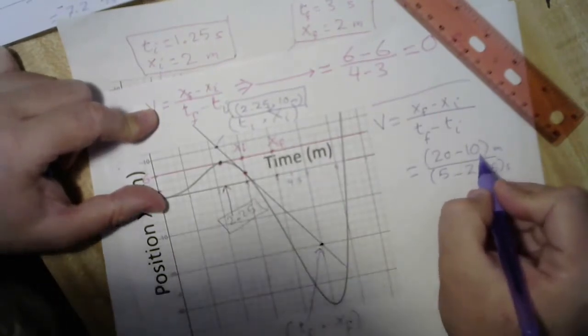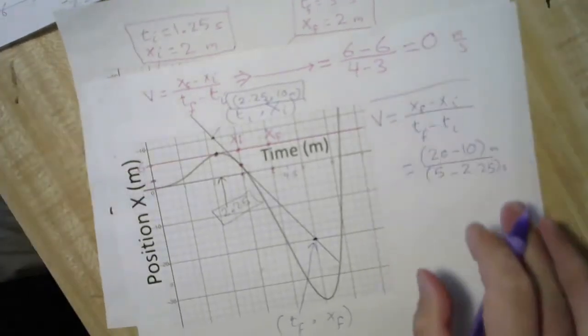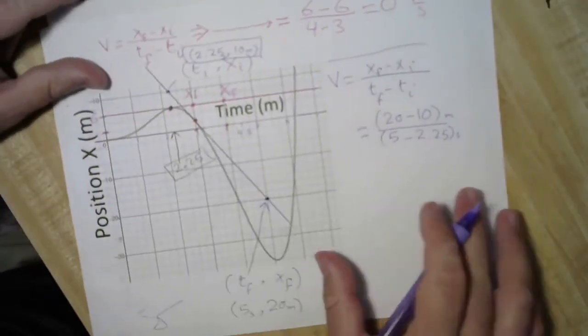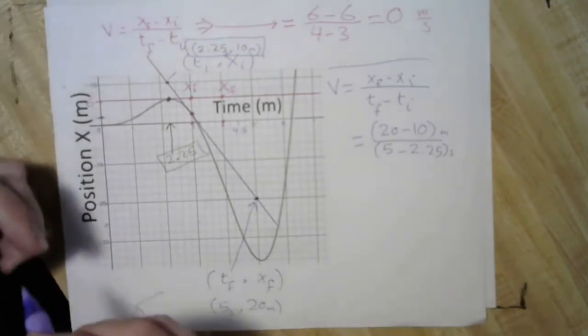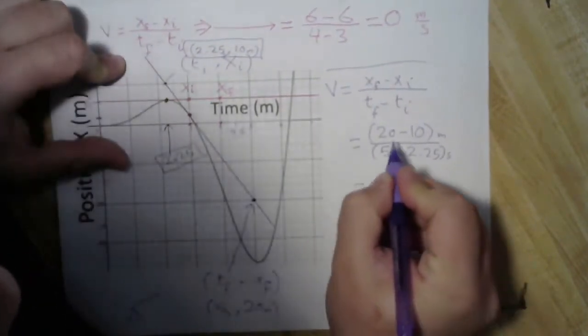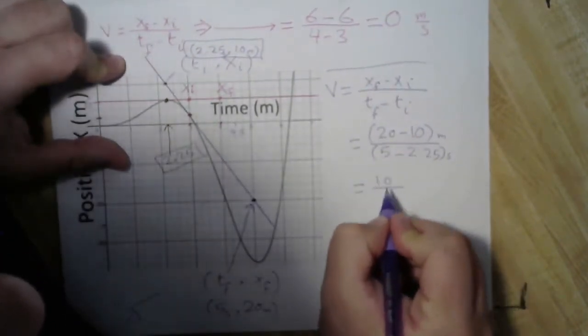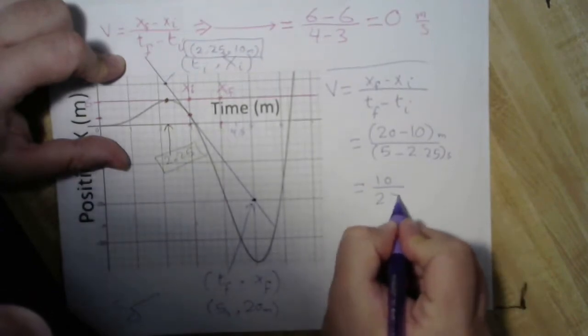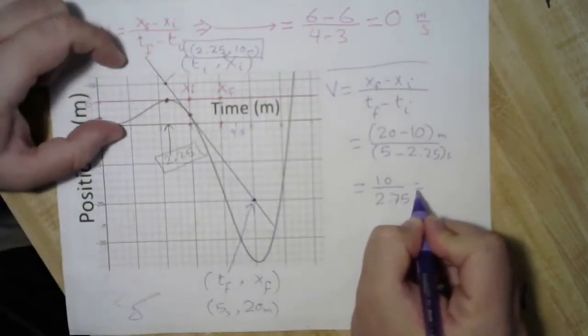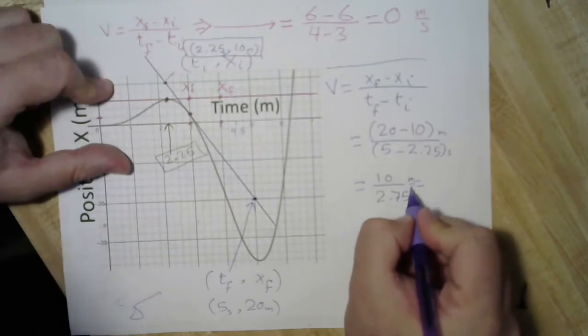I can put meters here and here, but that will sometimes be difficult. Okay, this will be equal to 10 over 2.75, in meters per second.